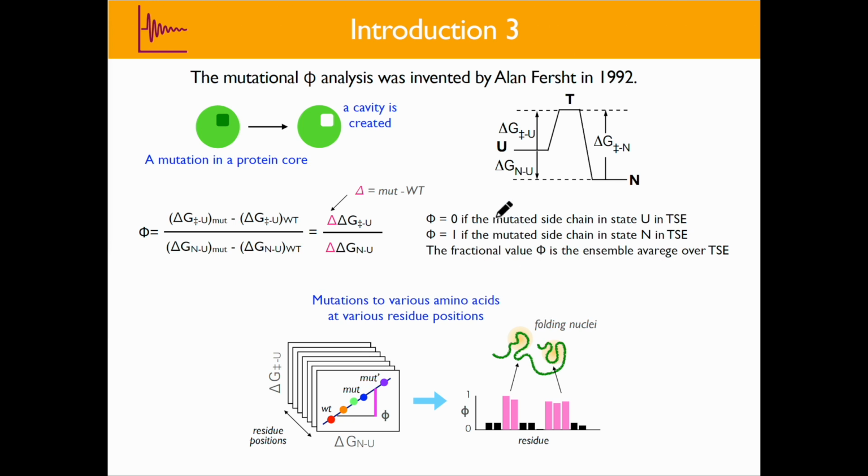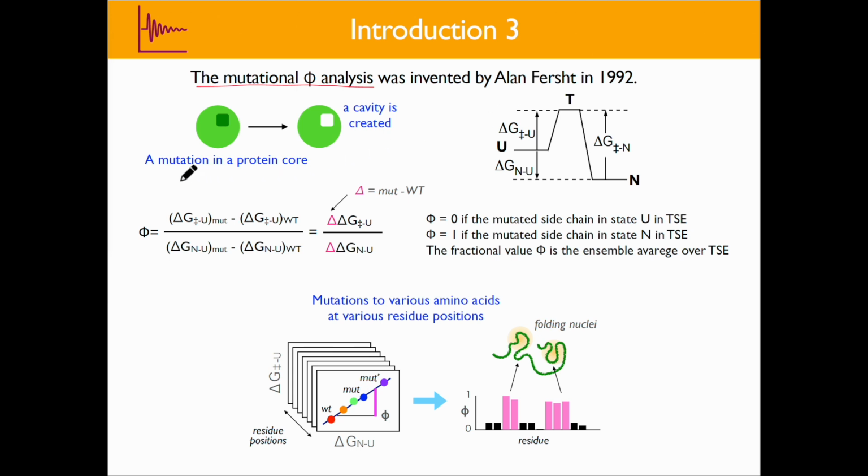The central topic of protein folding was the characterization of the transition state. Mutational phi analysis was established by Professor Alan Fersht at MRC in England in 1992.